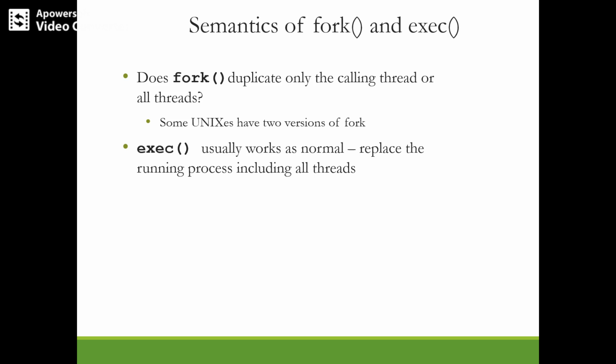Thus the process the shell follows when launching a program is to first fork, creating a new process, and then exec the program binary it is using. So it works as normal. It just replaces the running process, including all the threads.